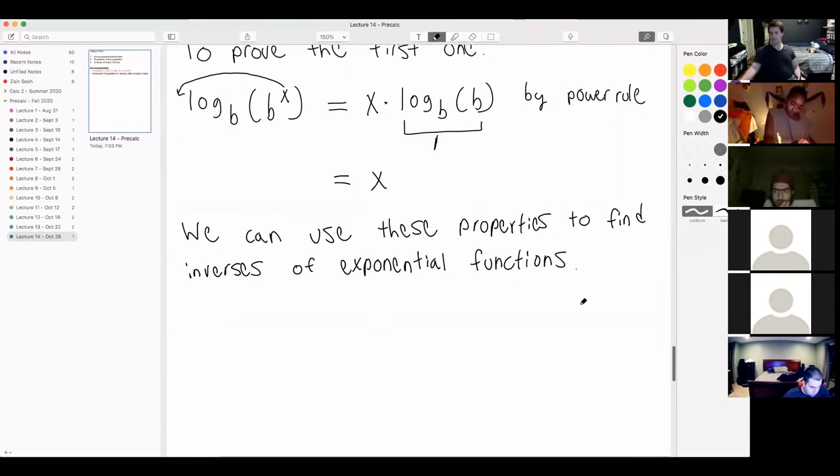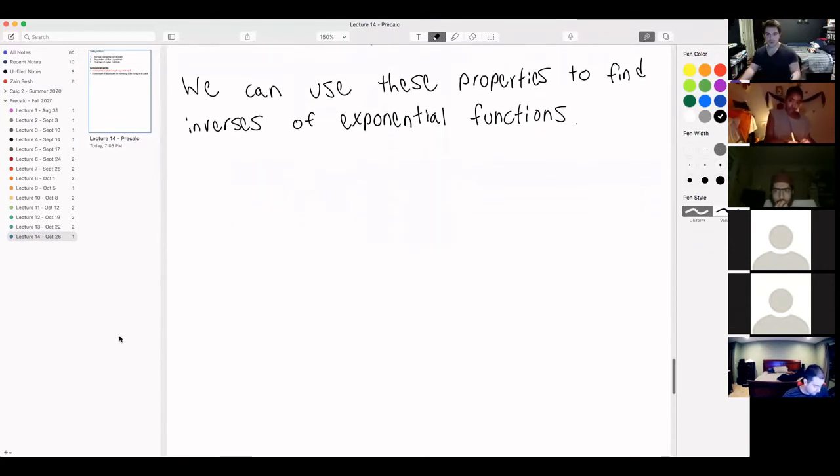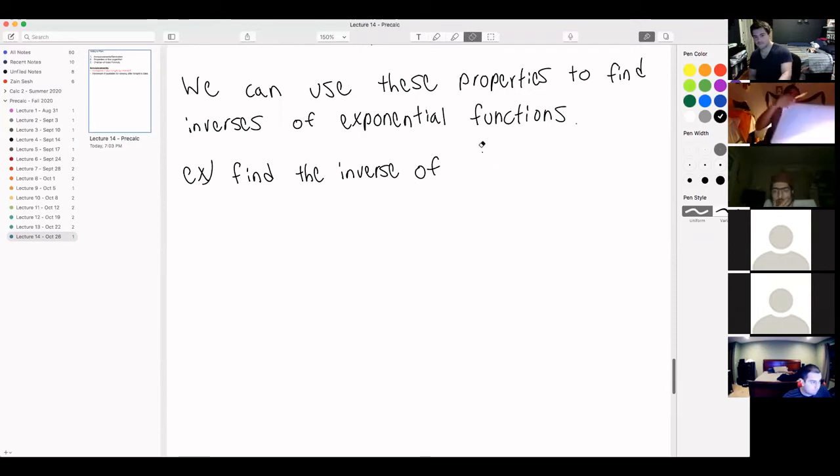So let's do one example. The question will be: find the inverse of y equals 2 raised to the 3x minus 5 power.